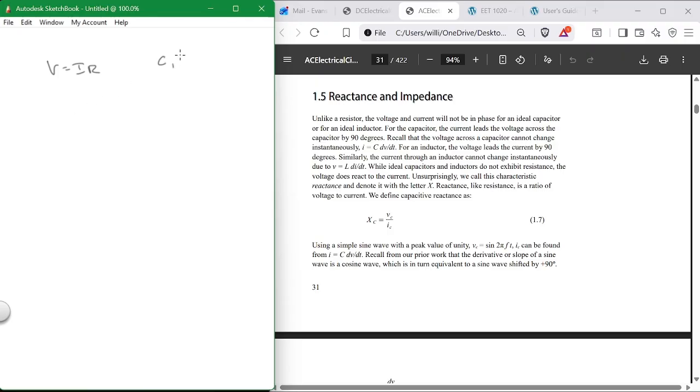Now I'm talking about C's and L's, right? V equals, for a capacitor, this is for a resistor. Voltage for a resistor is equal to that. I times what? X sub C.